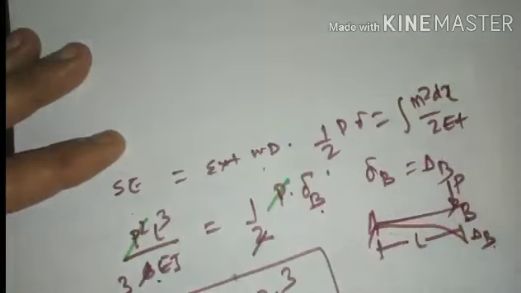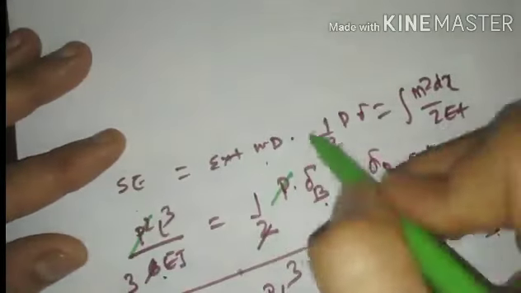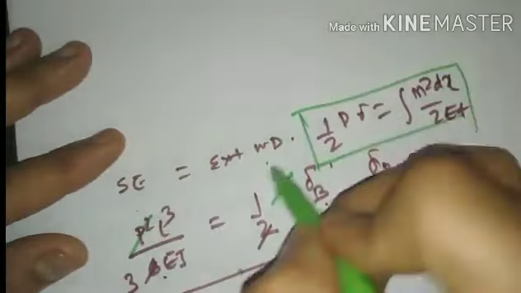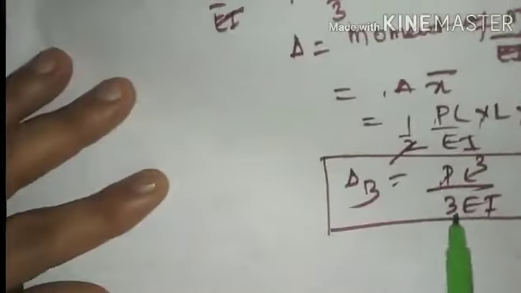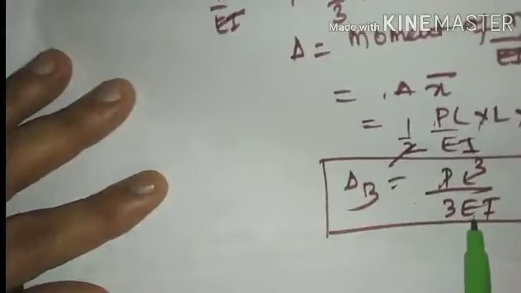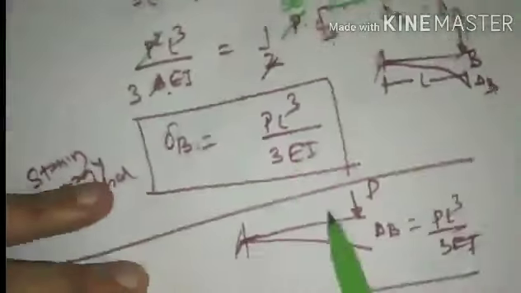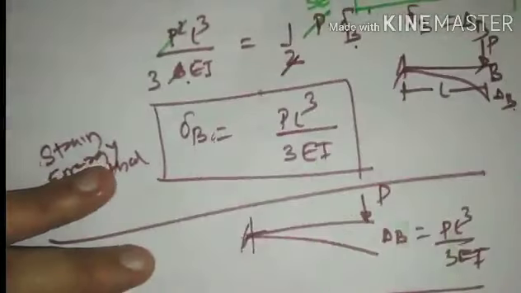This concept is called the strain energy method. Whether you calculate by the moment area method, you get PL cube by 3EI, and whether you calculate by the strain energy method, again the deflection value is PL cube by 3EI.